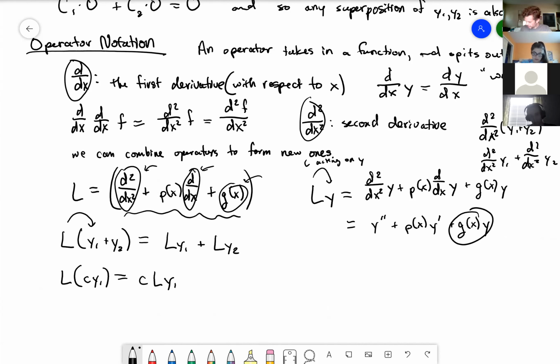And so what we get from this is combining these two things together. L applied to C1 y1 plus C2 y2. Having taken all of these properties and condensed them down into this notation, this is simply C1 L y1 plus C2 L y2.